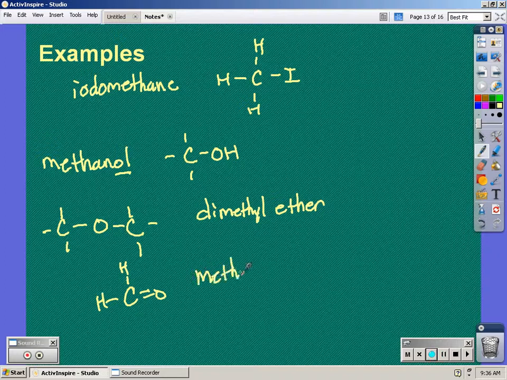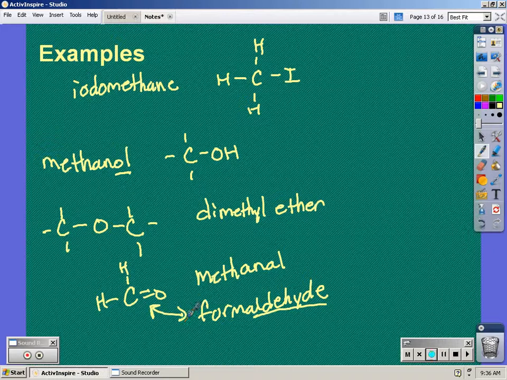I have this double bonded oxygen, so it's an aldehyde. So this is methanal. The generic name actually for this compound is formaldehyde. So there's your aldehyde, and then it's 1 carbon. So that's just a generic name. So like benzene we know is a 6-sided ring with double bonds. Formaldehyde we should recognize as CH2O.